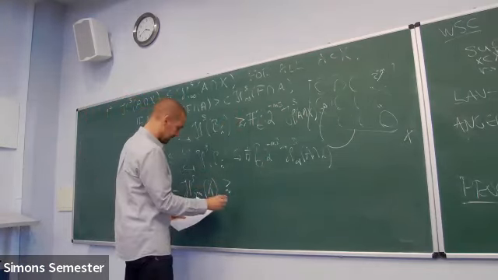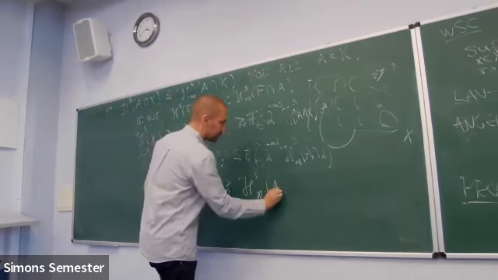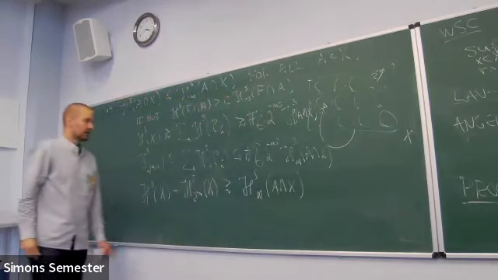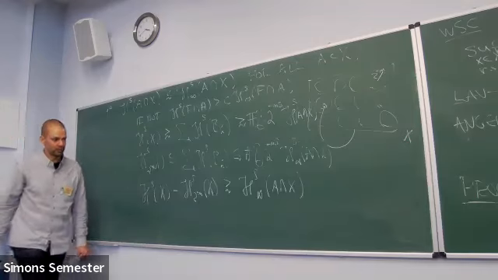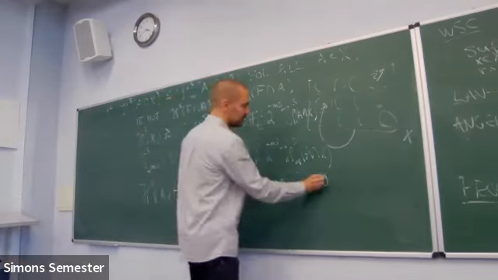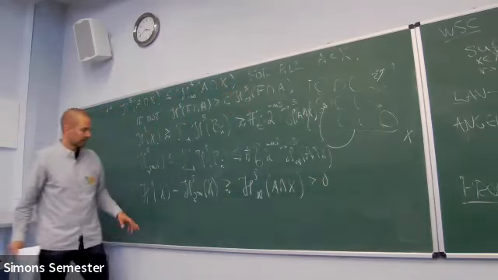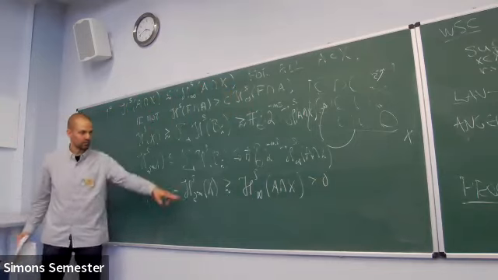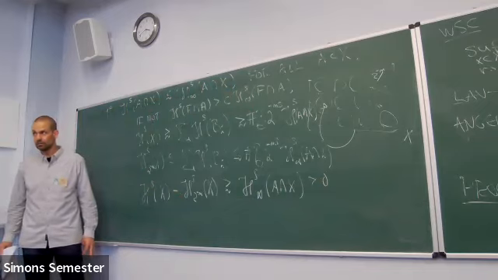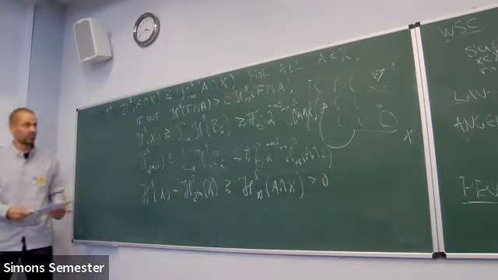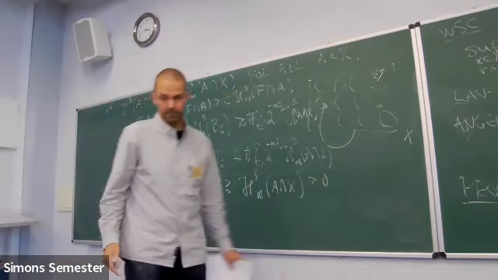So this is just a constant times the content of this set, which is strictly bigger than 0. Because this is independent of n, we just let n go to infinity. So then this is a contradiction. This is really the rough idea of how the proof goes.